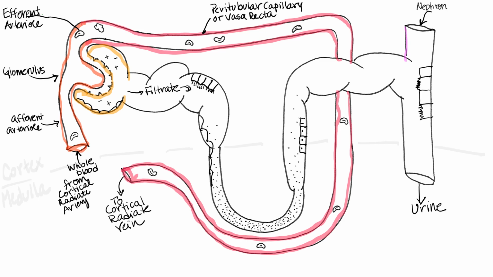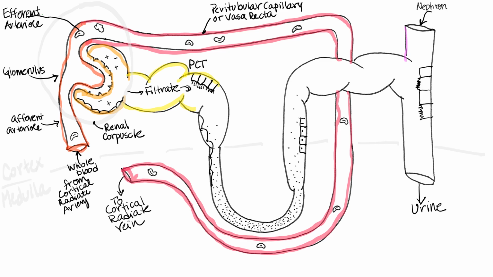Okay, that capsular space there fills up with filtrate, and filtrate will then run into the PCT, or the proximal convoluted tubule. I'm sorry, that gray circle there, this is the renal corpuscle. That's what the gray circle is.